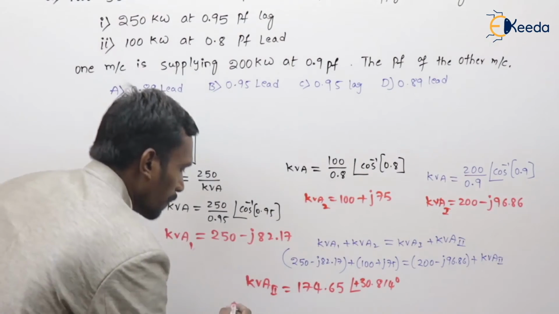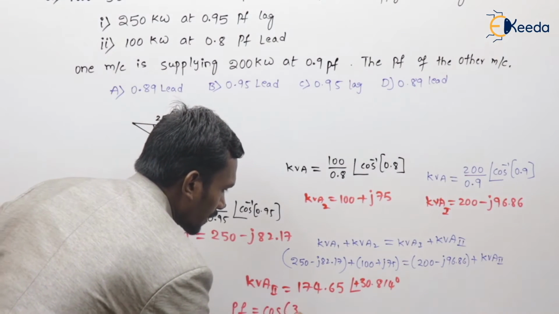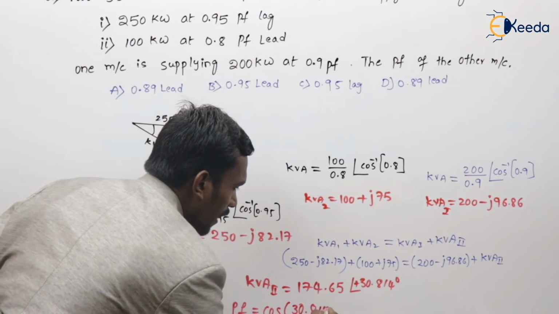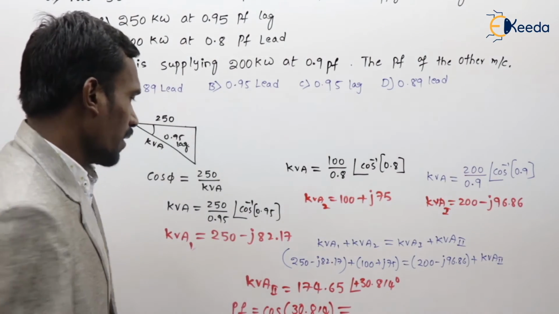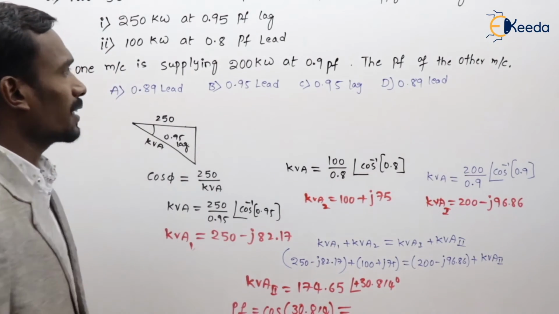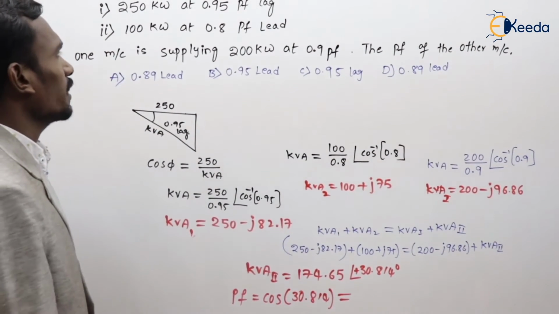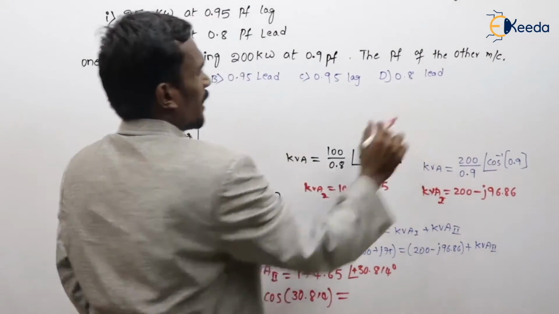So what is our power factor? Power factor is nothing but cos phi, nothing but cos of 30.814. If you calculate this, these two are not the same actually.